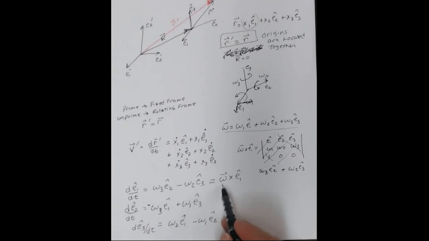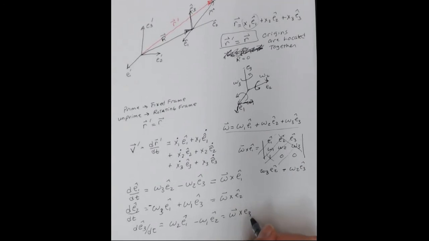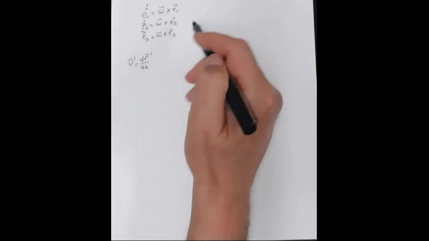That's what we get. So that's omega cross E1, and you'll get here omega cross E2 for this. Kind of neat, right? Omega cross E3. Okay, so there's our time derivatives of the unit vectors.